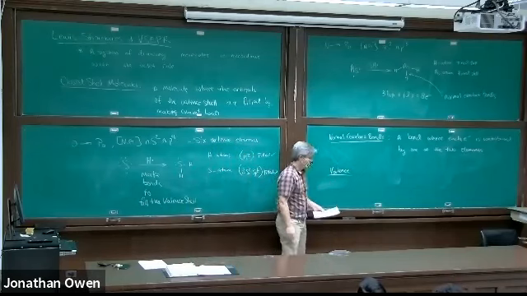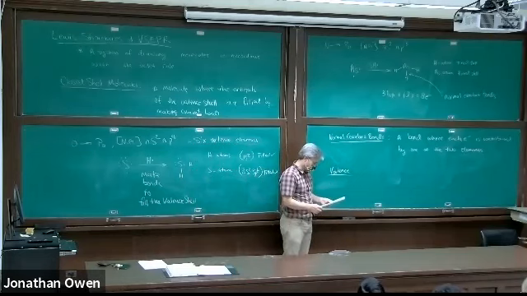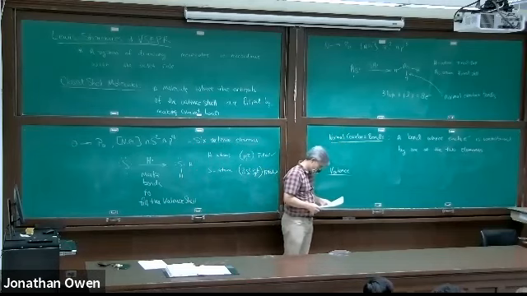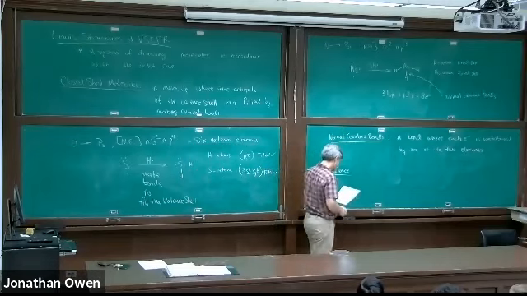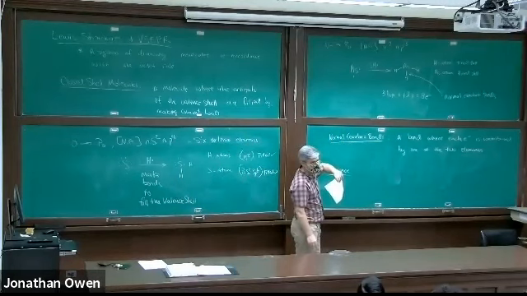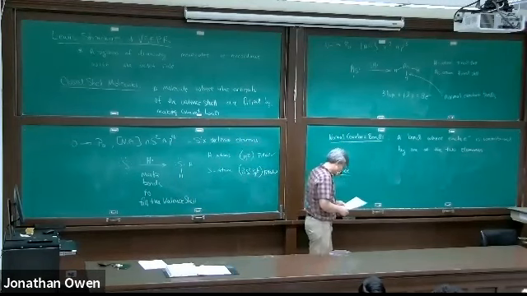But in this class, in the future, I ask that you use valence to refer to the number of electrons that the atom uses to make bonds. Okay. So the valence in this guy is trivalent. Arsenic is trivalent. Valence is 3.